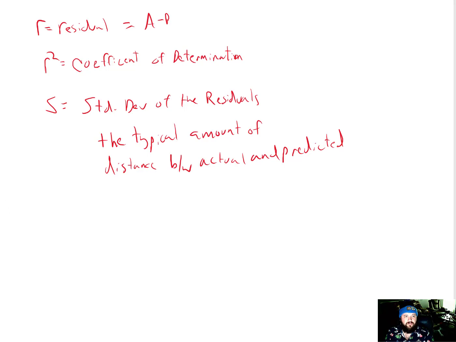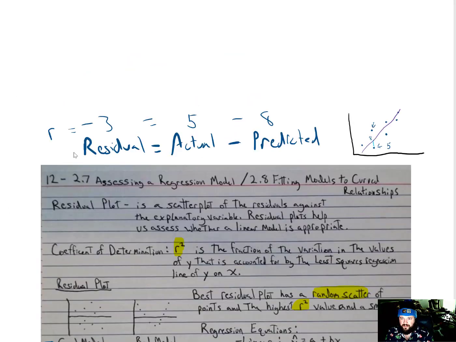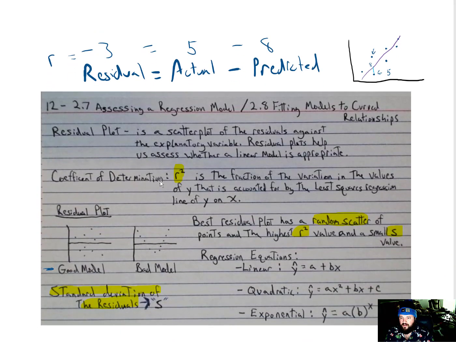Now, one last thing before we go, just want to make sure that everybody's comfortable with dealing with the regression equations down here at the bottom, okay? Regression equations, in which case for the linear line, hopefully you all understand, it's y hat equals a plus bx, okay?